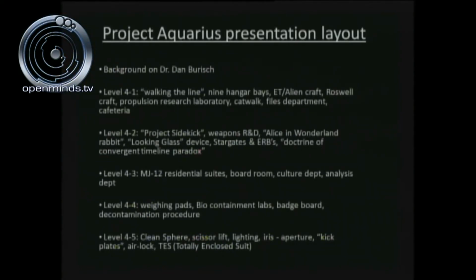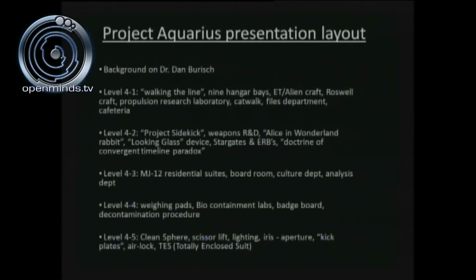For level 4-2, we'll consider Project Sidekick, the weapons research and development, Alice in Wonderland Rabbit, this is a good historical note, Looking Glass Device, Stargate's ERBs or Einstein-Rosen bridges, the doctrine of convergent timeline paradox.